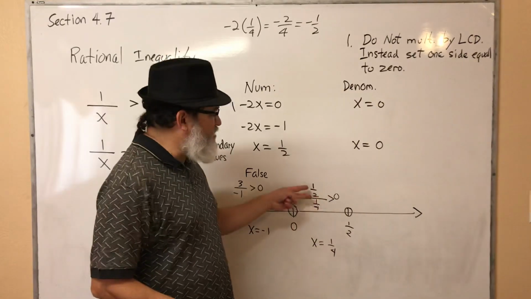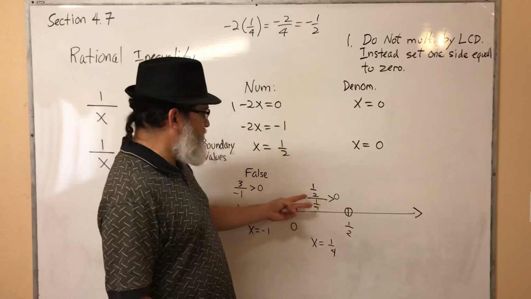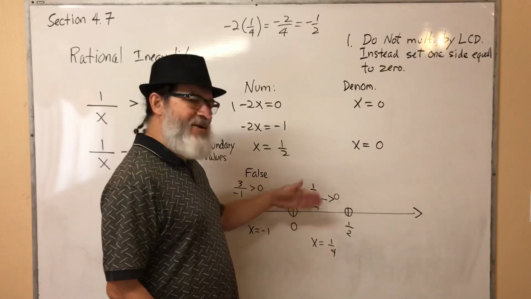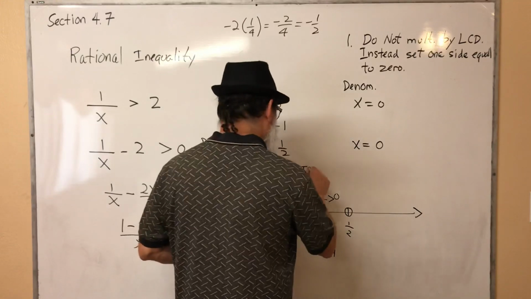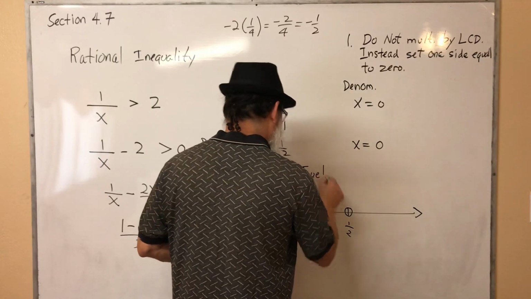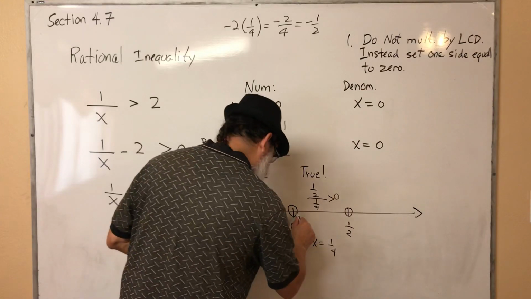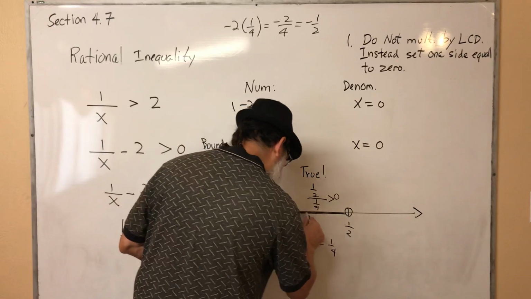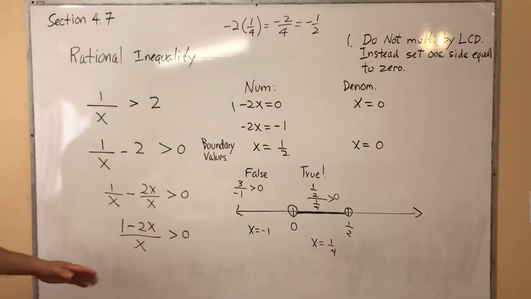Positive. Is a positive number greater than 0? Yes, it is. You don't even have to evaluate this. So this is true. So you shade this region, because this region is a solution to the original problem.